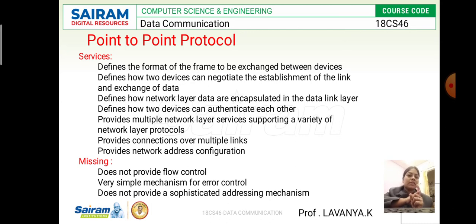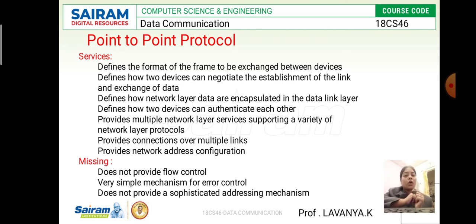Then the last one is multiple links. Multiple links means sharing one transmission link, so that multiple devices can do their transactions within the time. This is multiple links, or multiple connections.